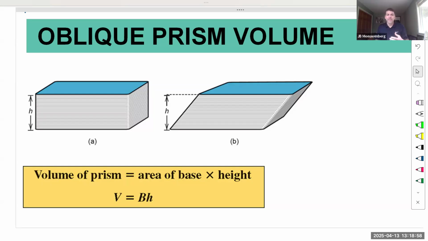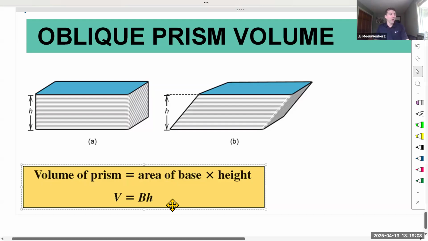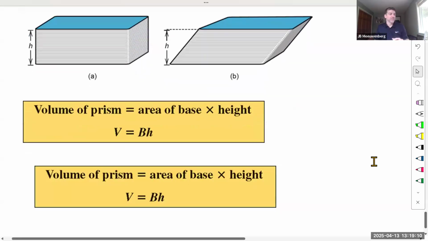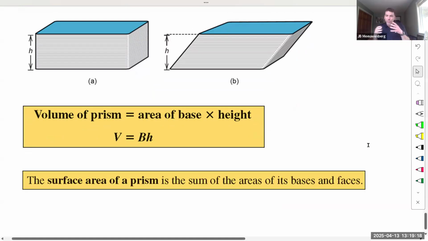Now, when we want to find the surface area of a prism, when we talked about this already, I showed you the Rubik's Cube, we are just adding all of the areas of all of the individual faces.